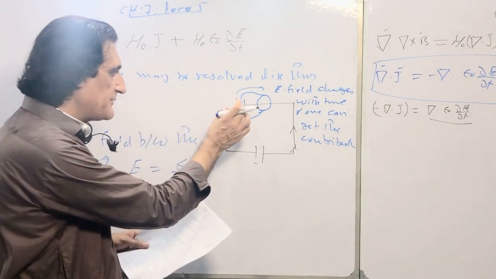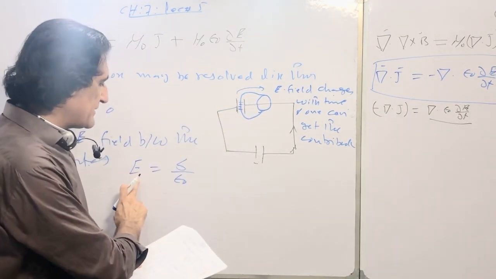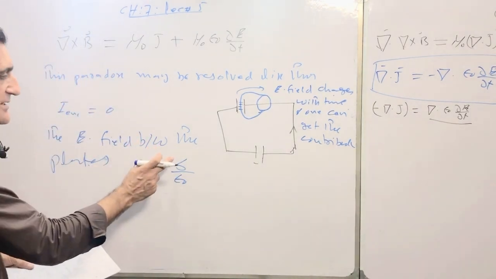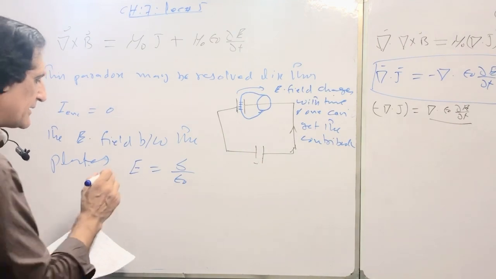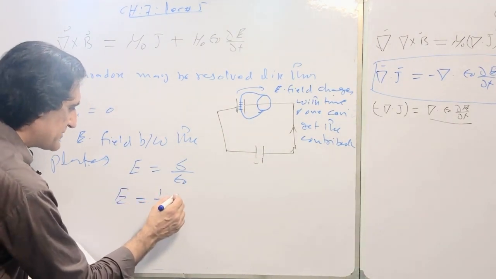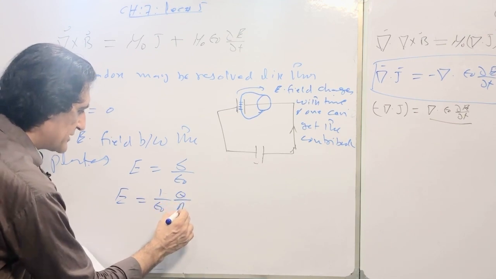The electric field between the plates, we can have such an equation. Sigma is the charge per unit area, then this electric field will be equal to 1 over epsilon naught times charge per unit area.